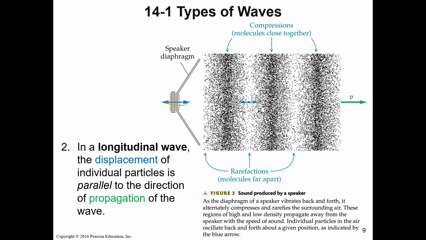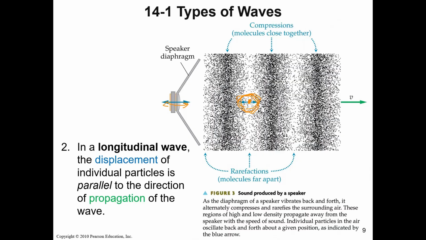The film is vibrating back and forth, towards left and towards right, and it compresses and rarefies the surrounding air. So it makes molecules move around their position. If you track a single molecule, it moves towards right and towards left, back and forth around this equilibrium position.